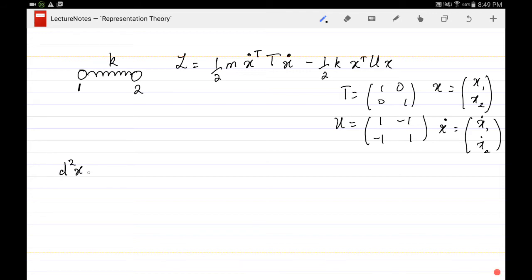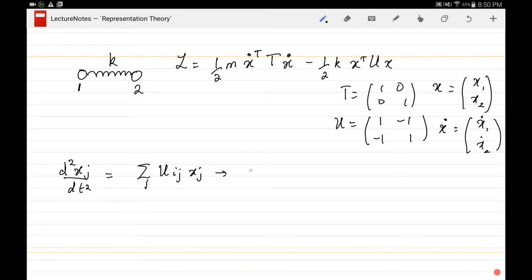In coordinates, we'll have something like this.